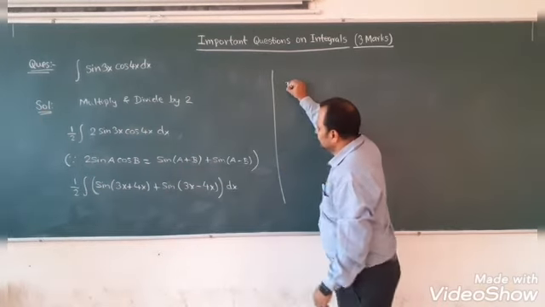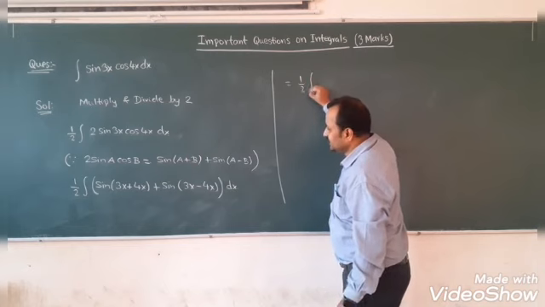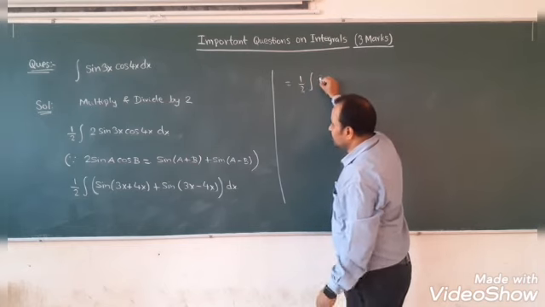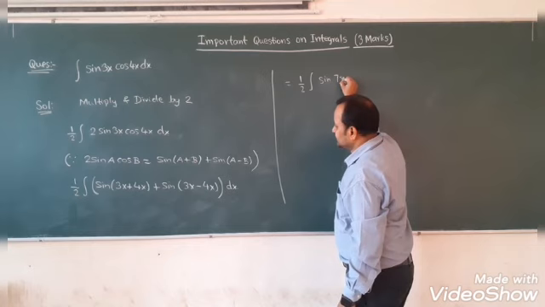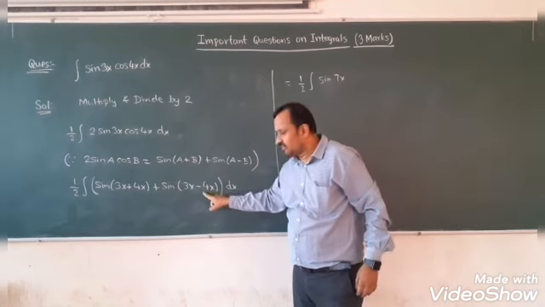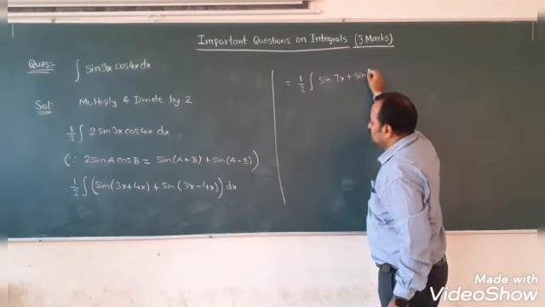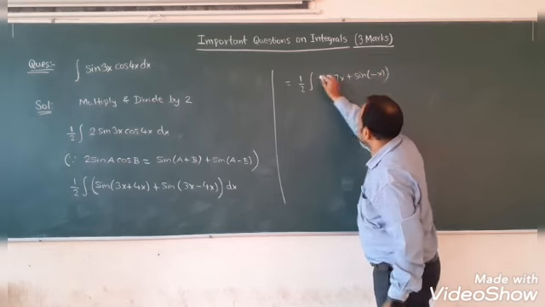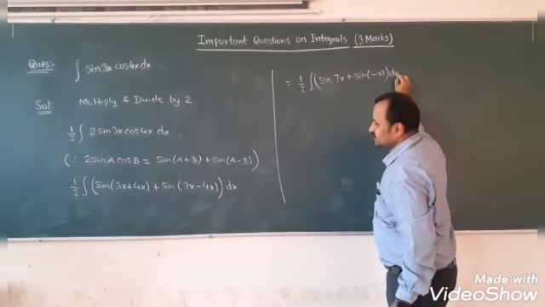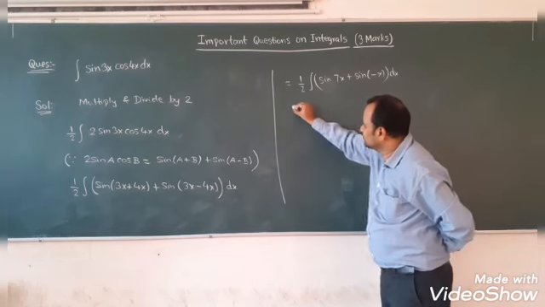So this we can write as 1 by 2 integral of sine 7x plus sine of 3x minus 4x, which is sine of minus x, dx.